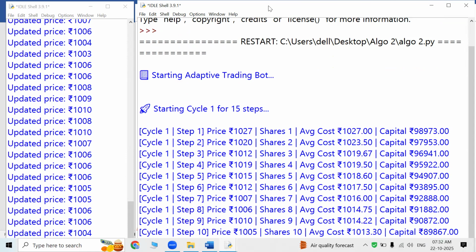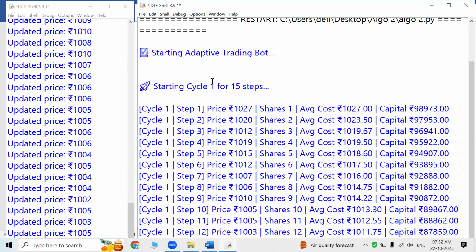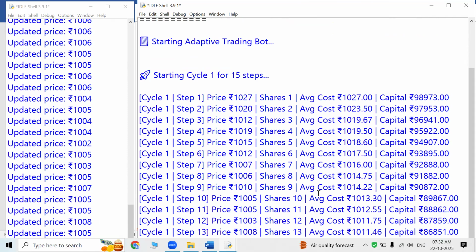This is one of the algos which basically takes stepwise calculation. You can see the average cost is coming down as we are averaging at every step, and the market is continuously falling. It started at 1027, and it has come down almost 3% from the high.